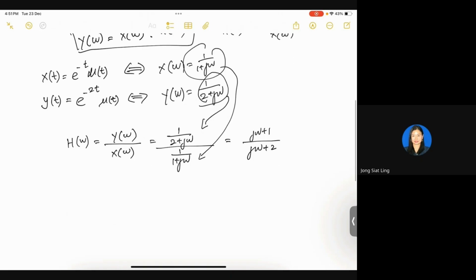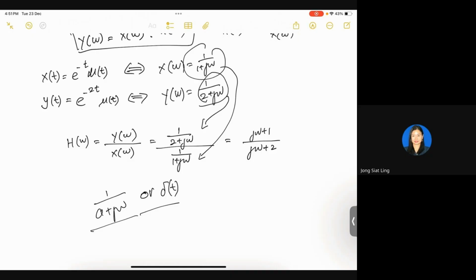So how to change the format? If we look at the Fourier transform pair table, we have either 1 over (a plus jω) or δ(t). So we can use this one.